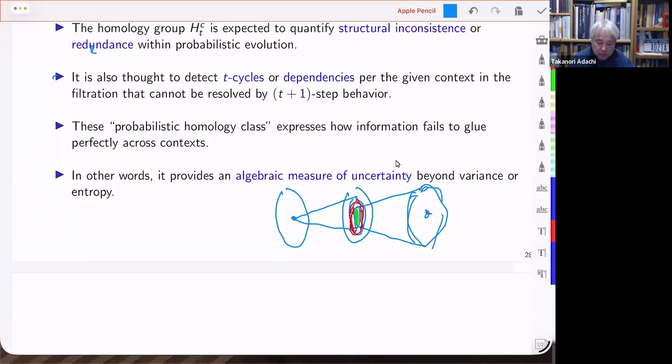So there is some difficulty, in a categorical or geometric sense. In other words, it provides an algebraic measure of uncertainty. I think some uncertainty comes from this red part. Okay, this is the idea. Usually, uncertainty comes from the variance or the entropy or such things. But this time, we define in a geometric way the source of uncertainty.